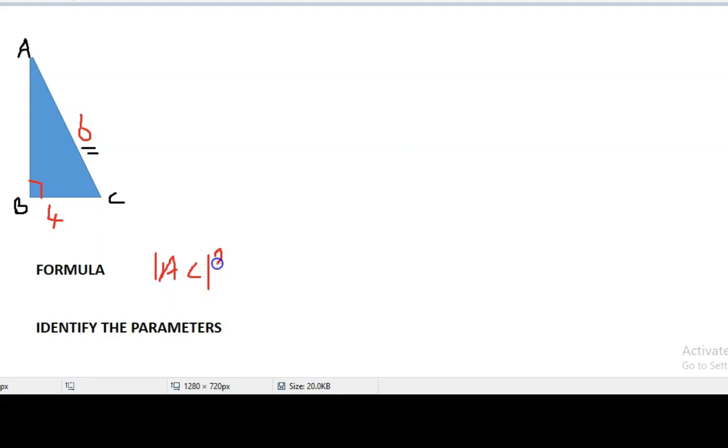AC square is equal to AB square plus BC square.